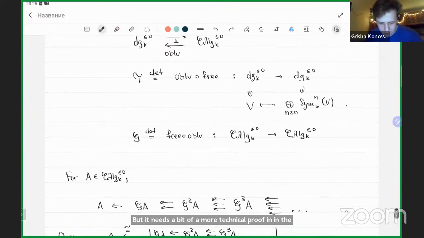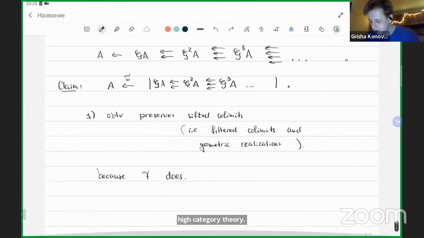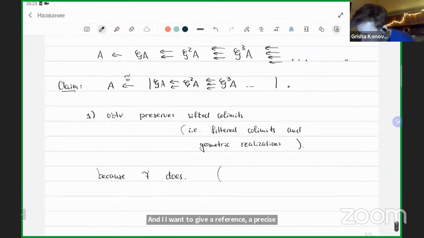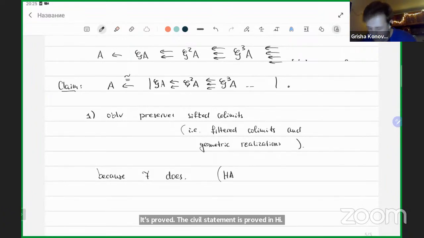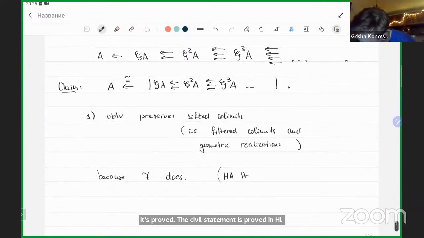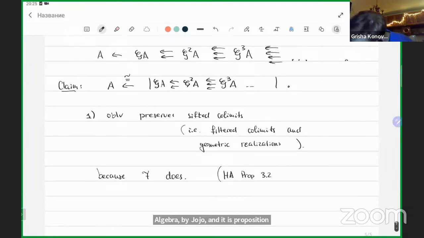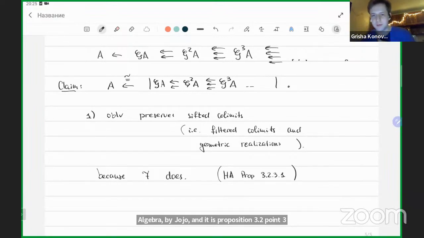I want to give a precise reference: a similar statement is proved in Higher Algebra by Jacob Lurie, Proposition 3.2.3.1.